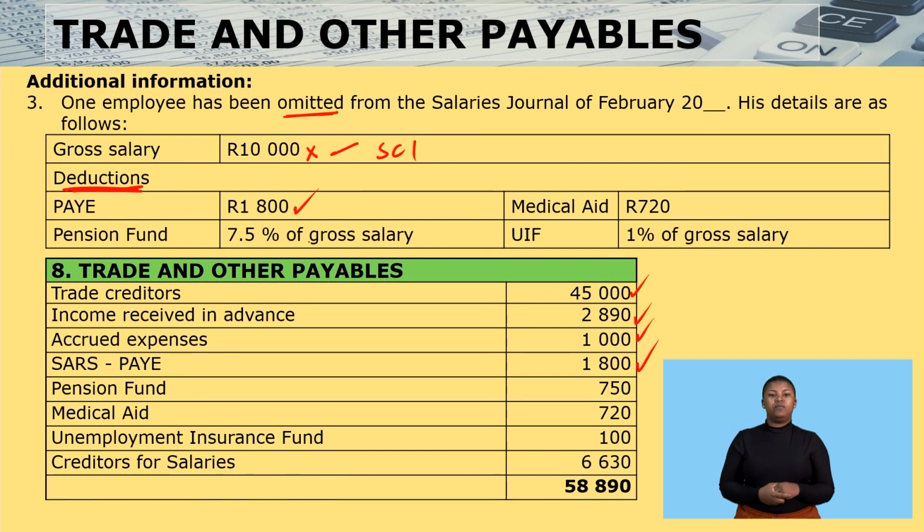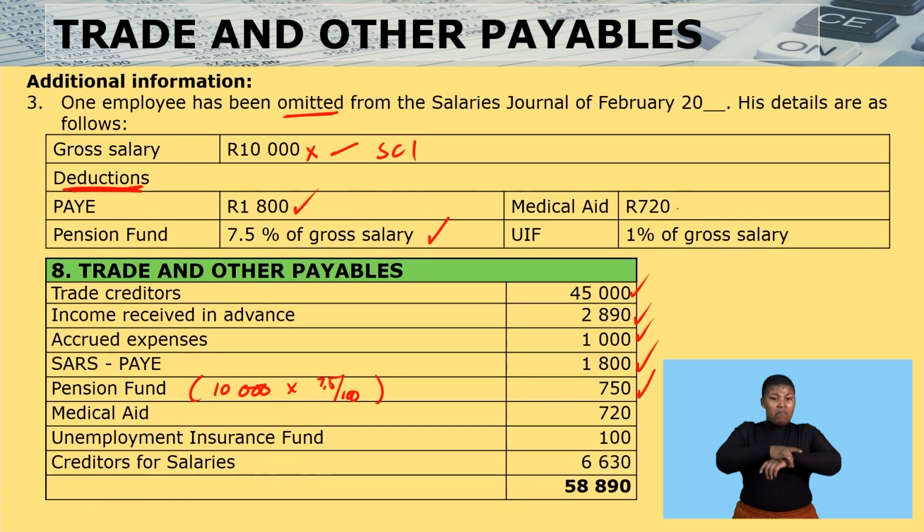The next one is my pension fund. And we're told it is 7.5% of the gross. So I'll take my gross, which is 10,000. Then I get 7.5% of that. That gives me 750. Then I record my pension fund.